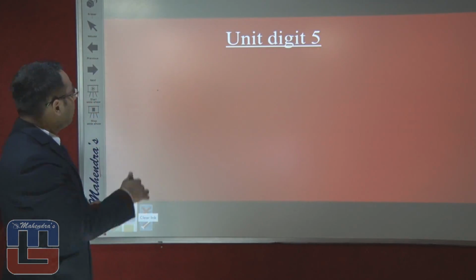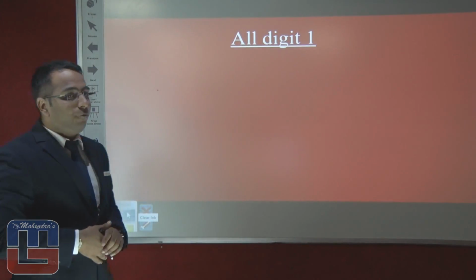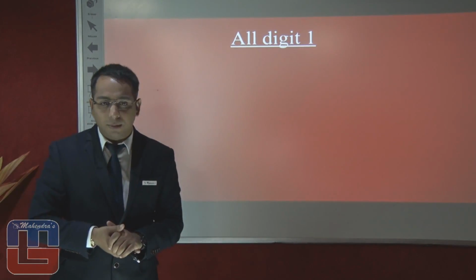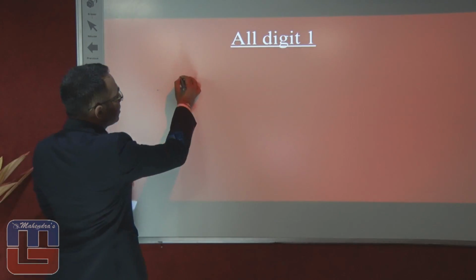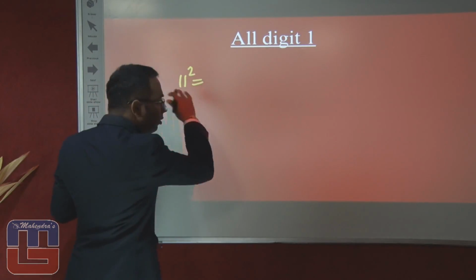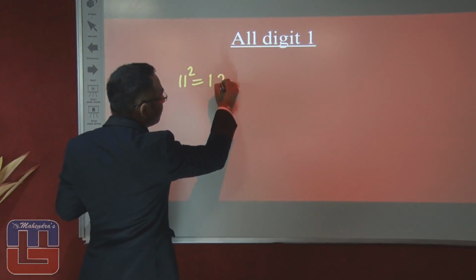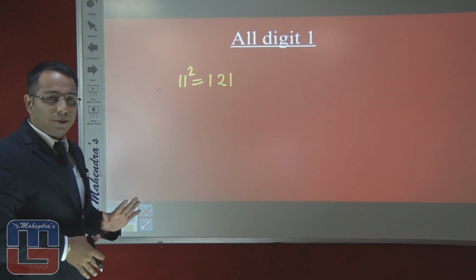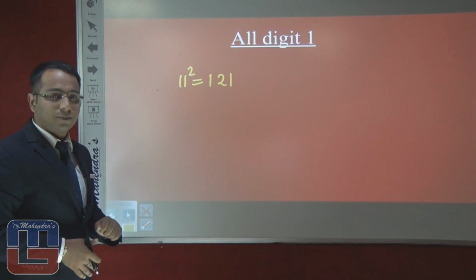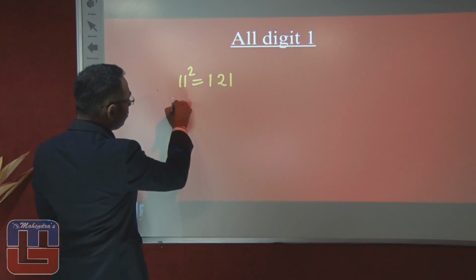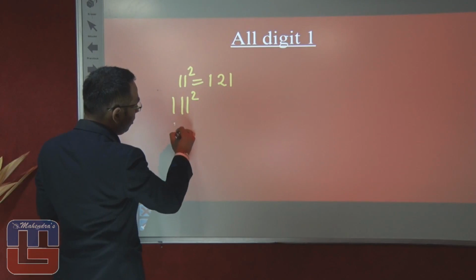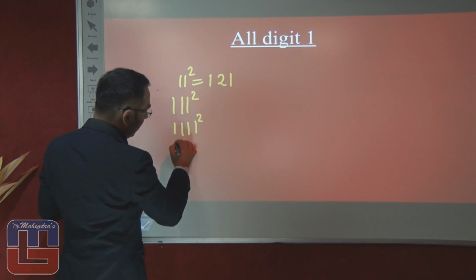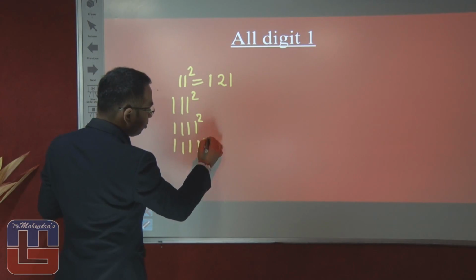The next thing, when we have all the digits 1. See, let us take the smallest example of this. We know the square of 11 is 121. But this condition follows in all the places when all digits are 1. Means it will also give the square of 111 square, 1111 square and 11111 square.